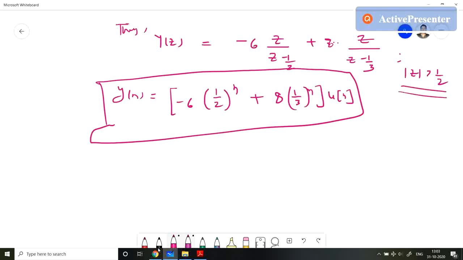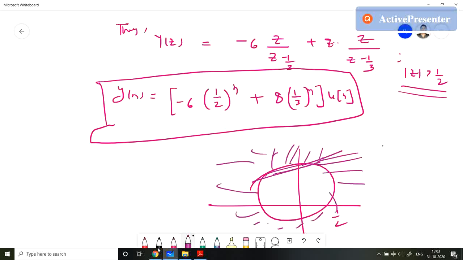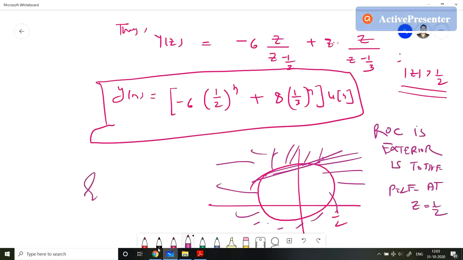Then the ROC should be exterior to the outermost pole, so y(n) is equal to minus 6 times 1 by 2 raised to the power n plus the other term. This ROC is exterior to the pole at z equal to 1 by 2, because R maximum is equal to 1 by 2 in this case.